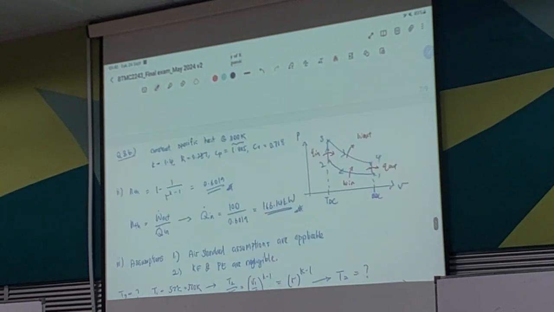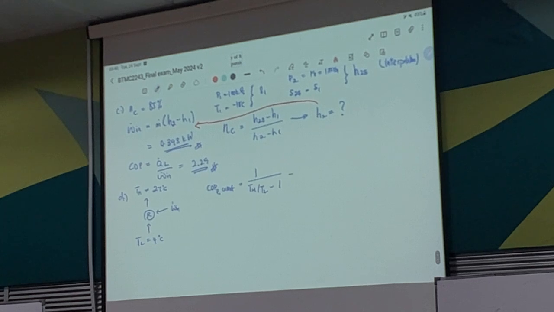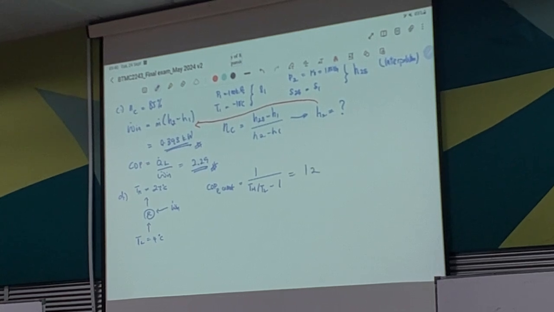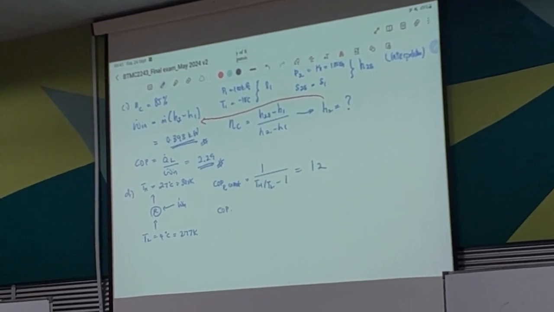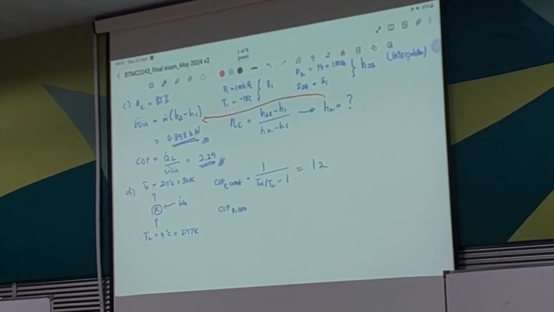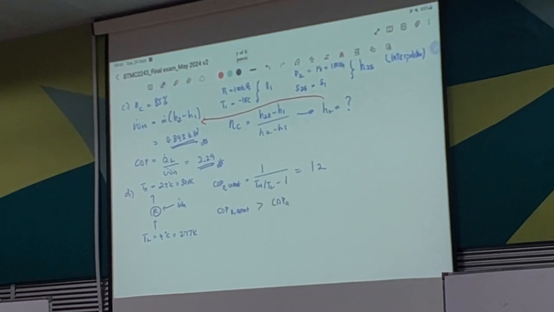Okay, so question's given to you, you use the equation, you calculate this, you will get 12. Okay, the calculation should be in terms of Kelvin again. So if you calculate this, you will get 12. So obviously we know that COP of the reverse Carnot cycle is higher than the actual COP.